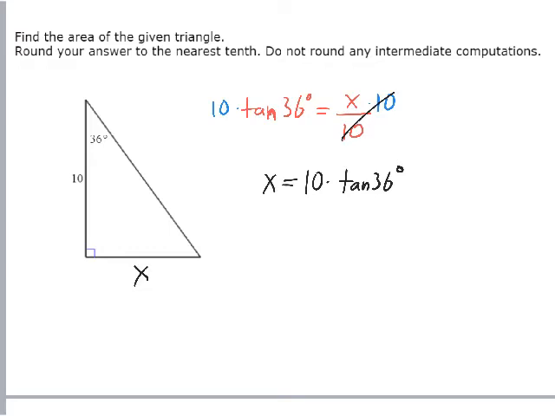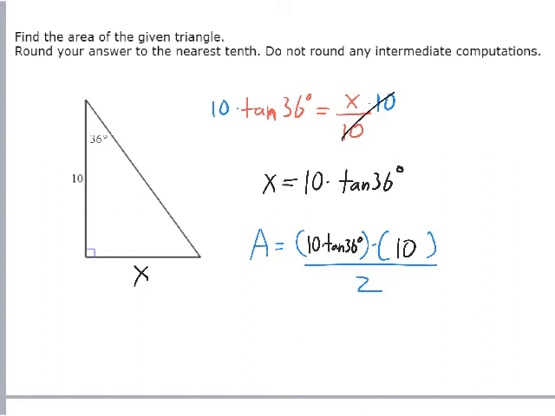So if I want to find the area now, area for a triangle is base times height divided by 2. So our base would be 10 times tangent 36 degrees, and our height is 10. If we put all that in and use a calculator, we can crunch our area more accurately.